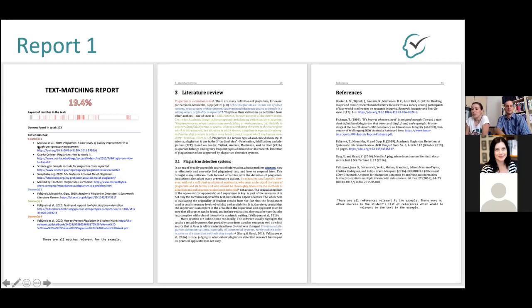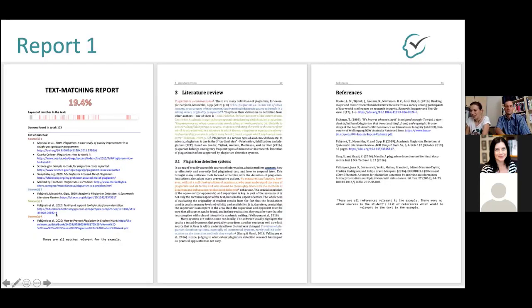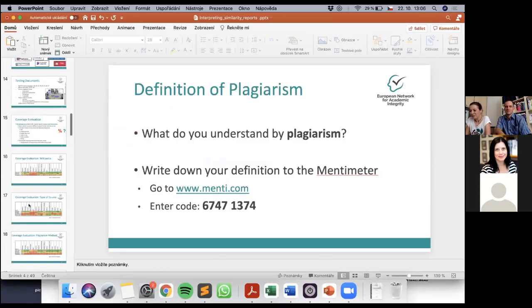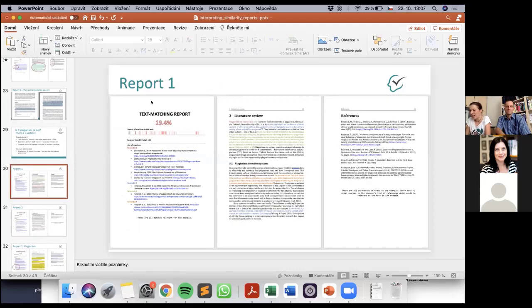But if we take a look at what the system found as this green source, it is actually not Fishman 2009. It's Foltýnek 2020, and in this source is exactly the same part, which has just been copy pasted.